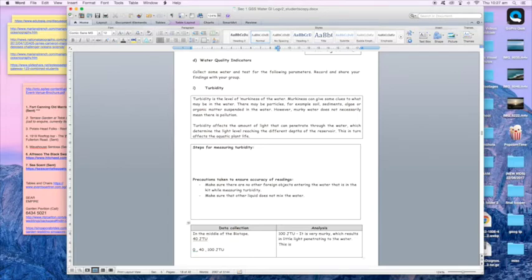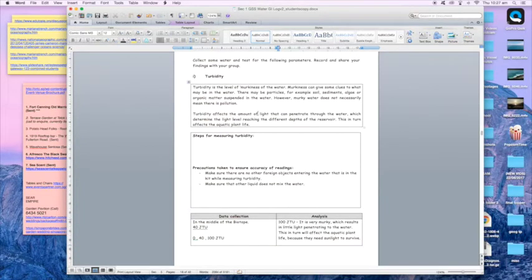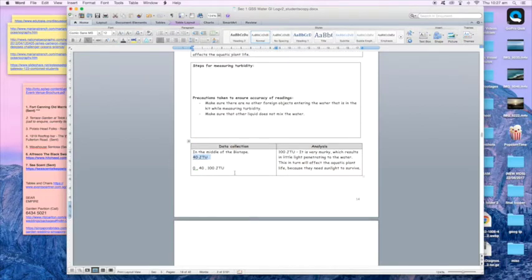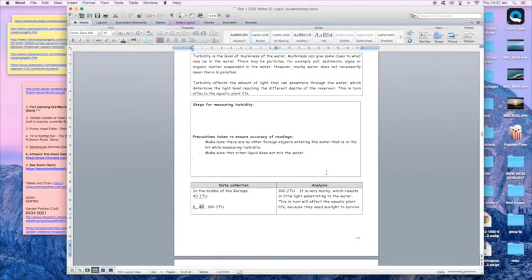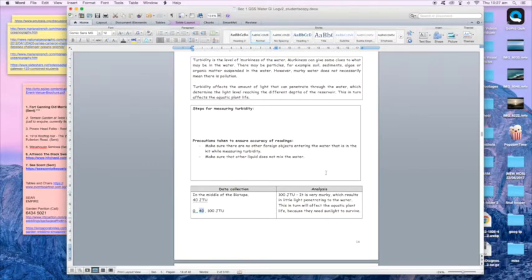This in turn will affect the aquatic plant life because they need sunlight to survive. So it's simple. Use this as a guide on how you can explain what your data means. If it's 40, it's in between, so it still has a little light coming in, but it's not so little that it does not support aquatic plant life.